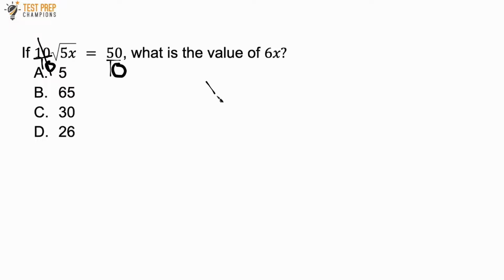So let me rewrite this now. So we'll have square root of 5x equals 5. So what do I want to do next? Well, the next step here is to square both sides. So if I square the square root of 5x, I'm going to get 5x.